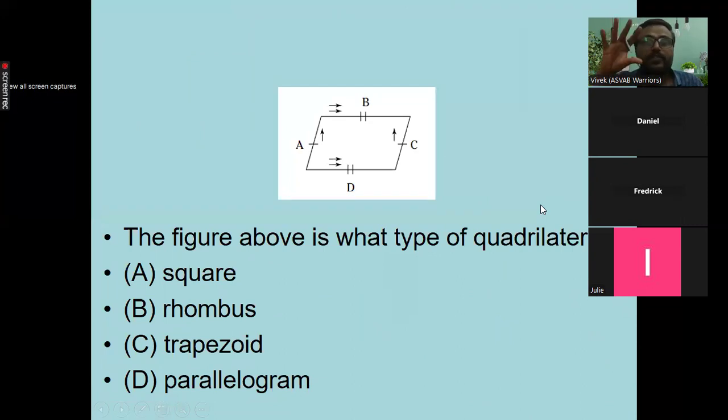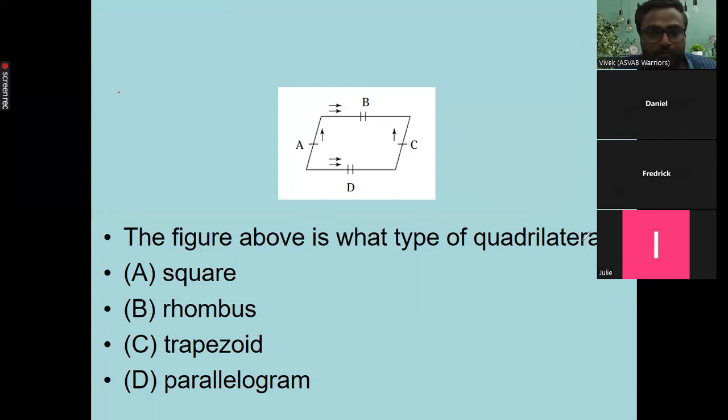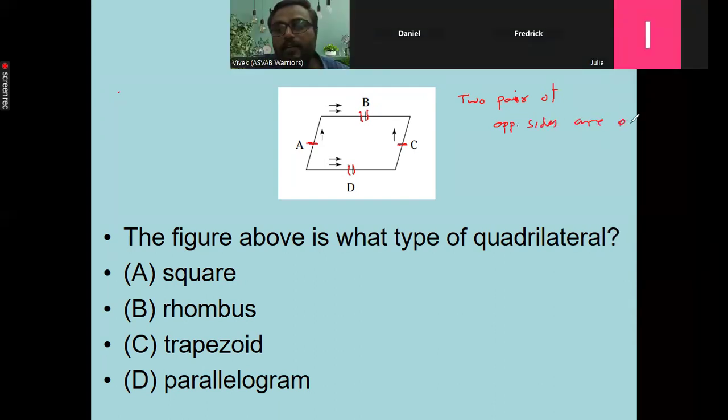Okay. This question has appeared in your ASVAB sample papers. Let me solve one question for you and then you can solve the next on your own. The figure above is what type of quadrilateral? If I can see, this side is equal to this side and this side is equal to this side. That means two pairs of opposite sides are equal.